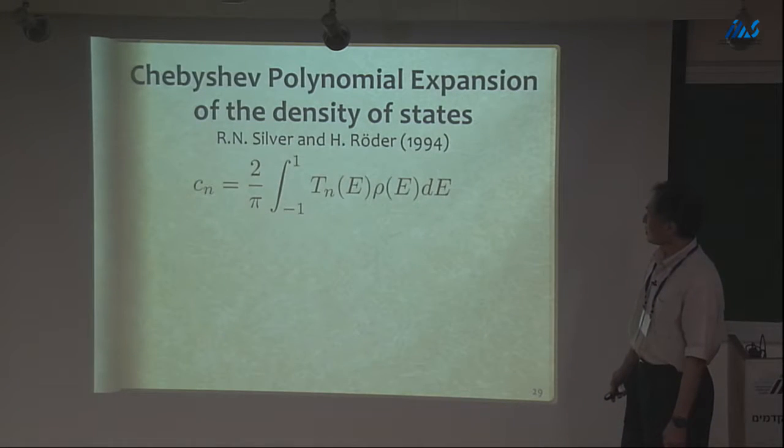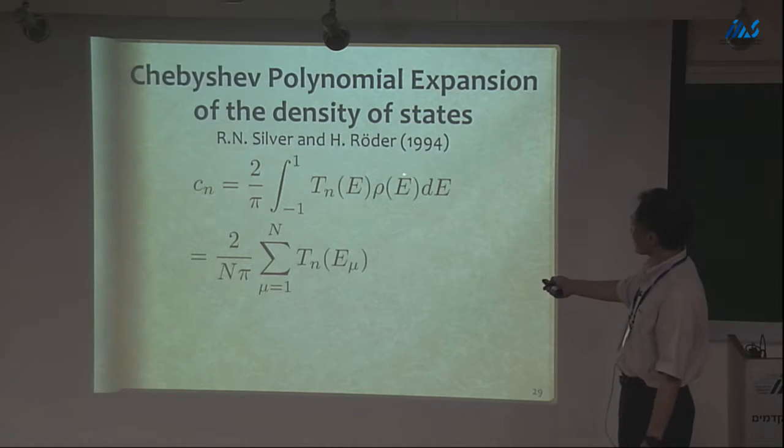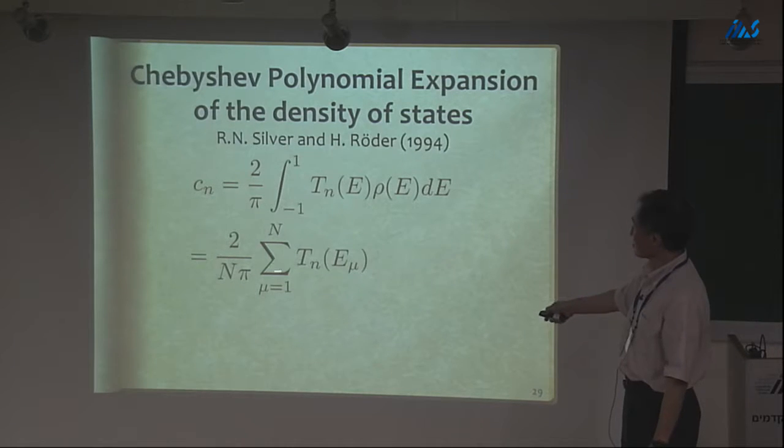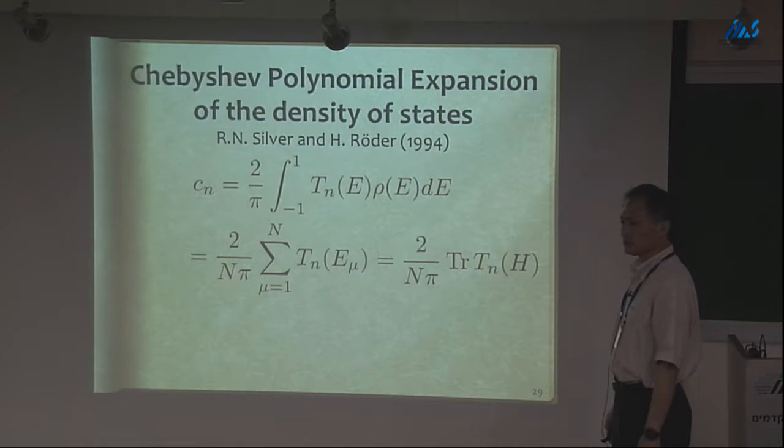But we can transform this into this form because this is the summation of the delta functions, and then this summation is actually a trace of a matrix polynomial, right? Rescale the matrix so that the spectrum falls between -1 and 1.